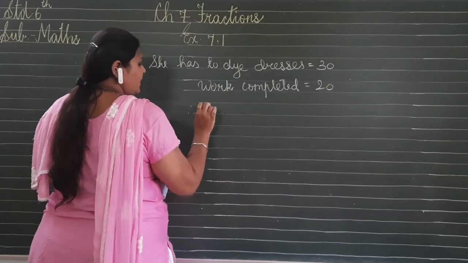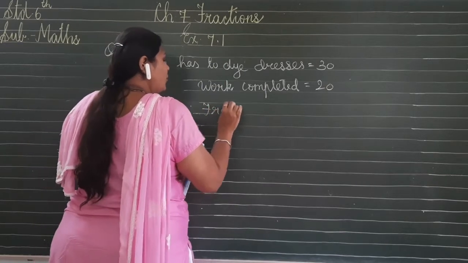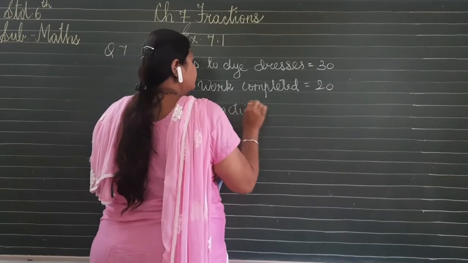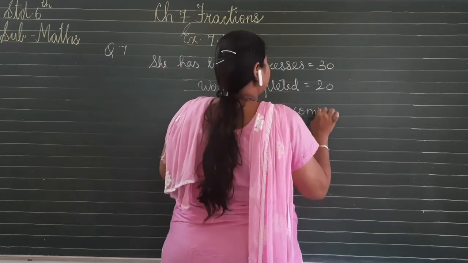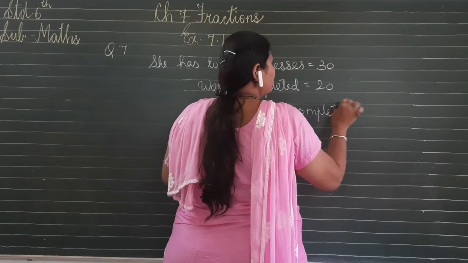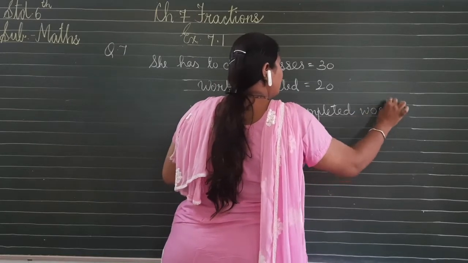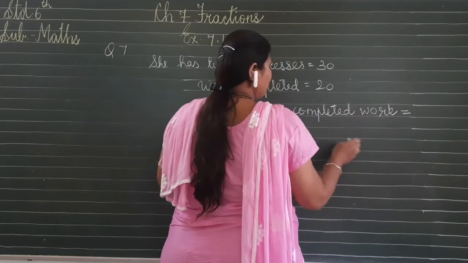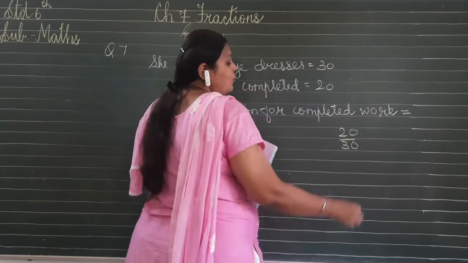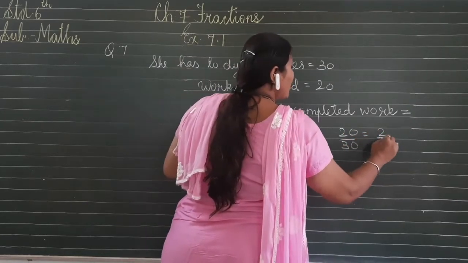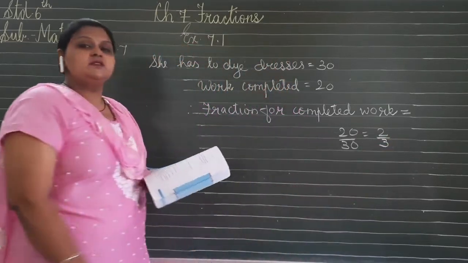So therefore fraction for completed dresses or completed work is equal to 20/30. So it is 2/3 in the lowest term.